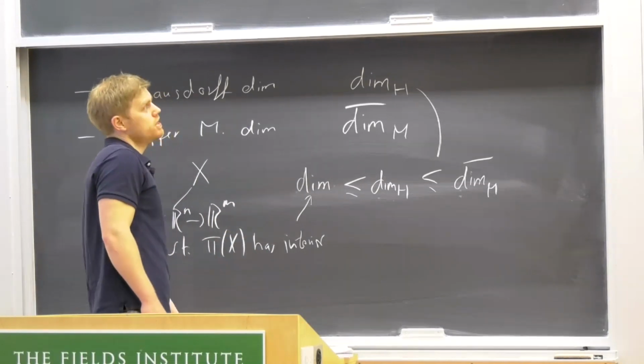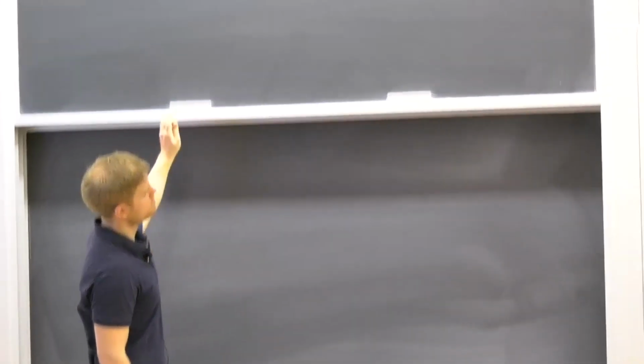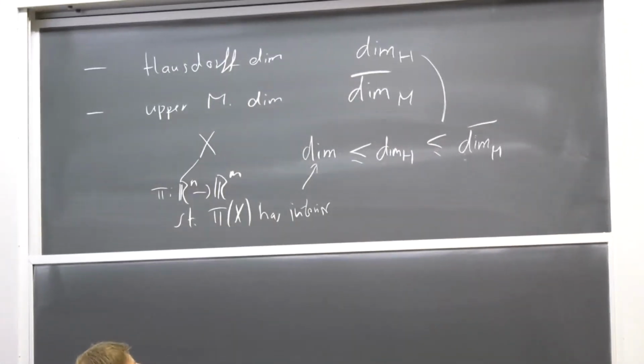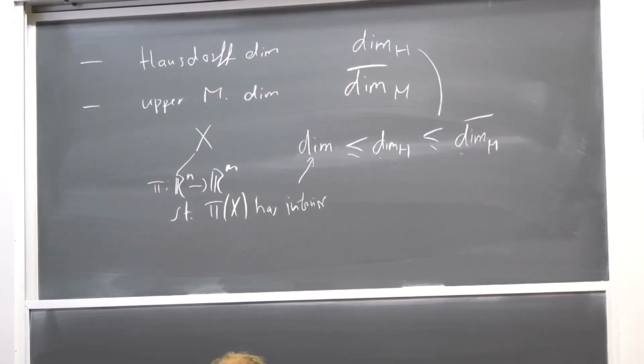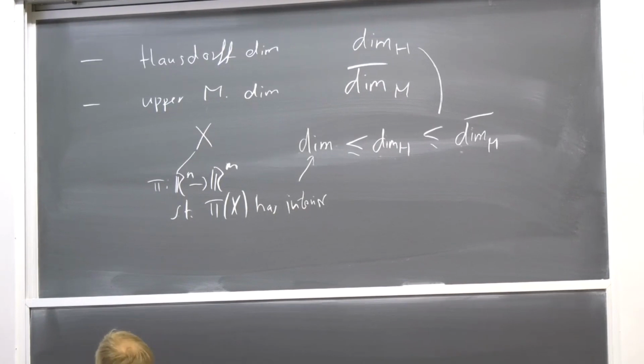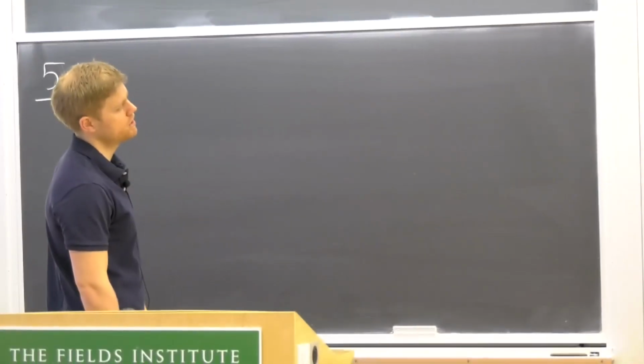Okay, so now what I want to state is a result purely in metric geometry, which is, I think, a consequence of the Marstrand projection theorem, which I will at least say what it is.